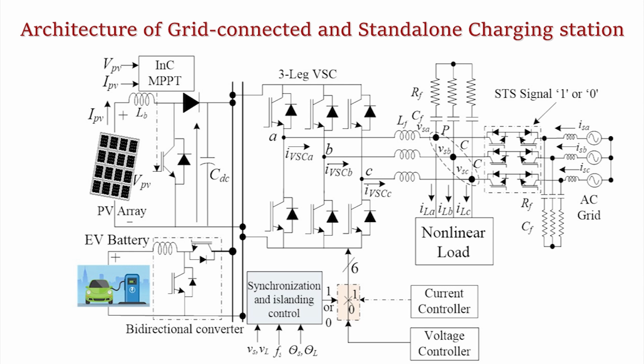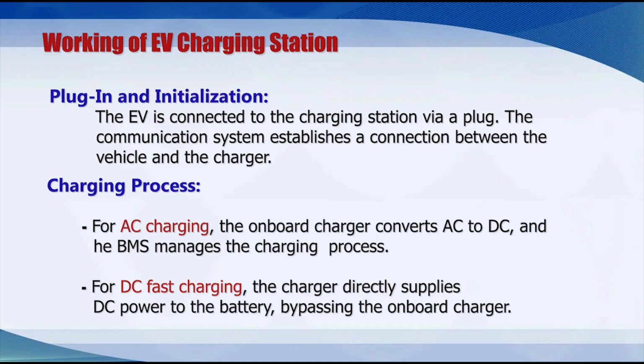They can get the supply by converting this DC into AC at the point of common coupling, where a non-linear load is connected. So, plug in and initialization, then we have the charging process. These are a few points which tell about the working of an EV charging station.